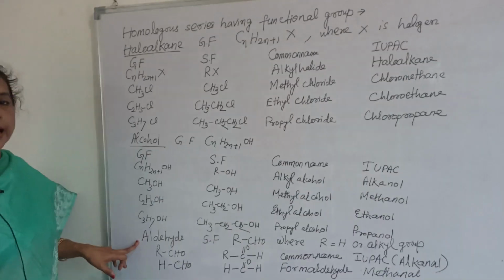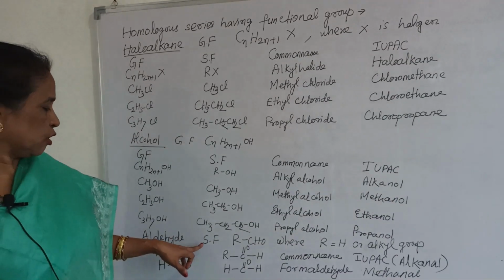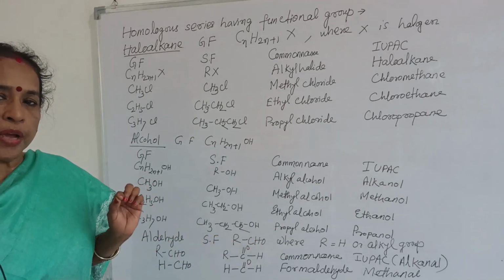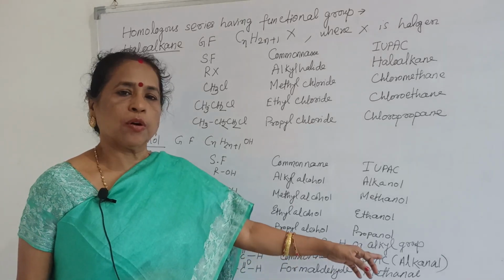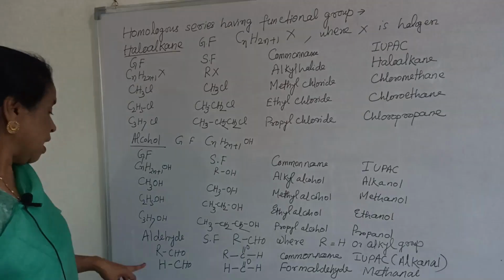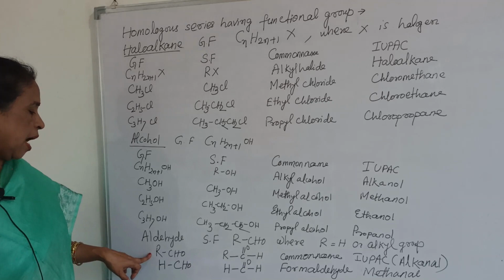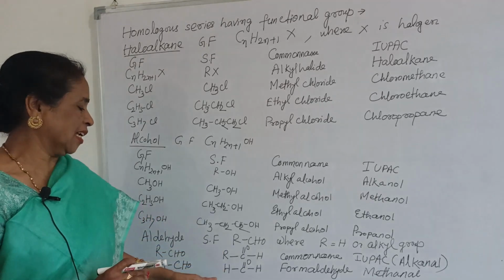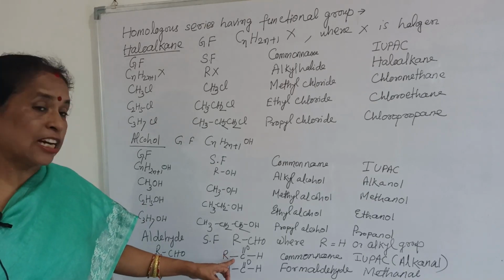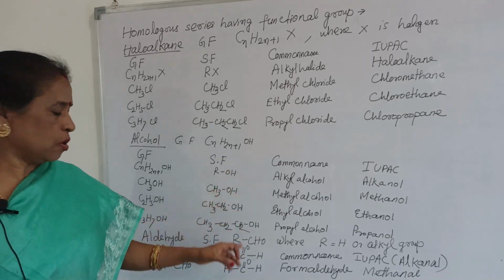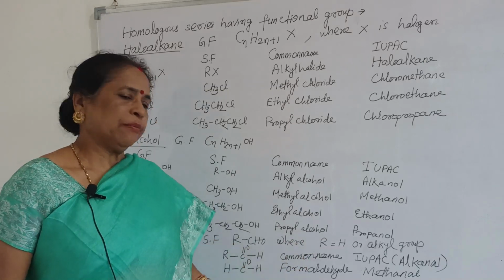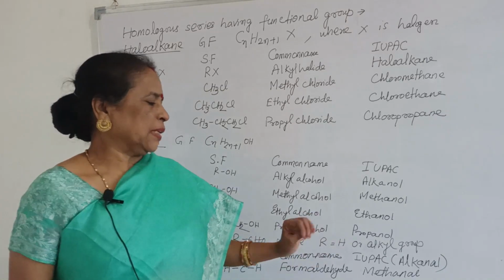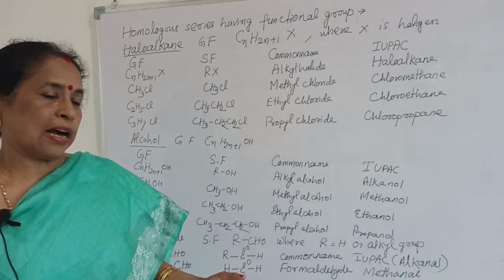Then come to aldehyde. Aldehyde, the structural formula RCHO, where R may be H or may be an alkyl group. If you write in expanded form showing the valency, then it is R single bond C double bond O, H. There is no specific common name used, and IUPAC name it is known as alkanal.